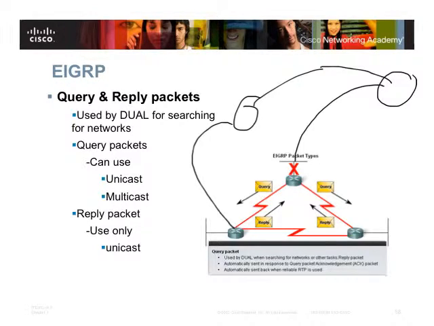Because I use triggered updates, the routing table did not contain yet a route to this network. So in that case, this router will say, okay, let's keep this packet aside, send a query to the network to ask all the neighboring routers, can someone get me to this destination network or not? So that's what this query and reply are used for. So in the beginning, I need to search for a route.